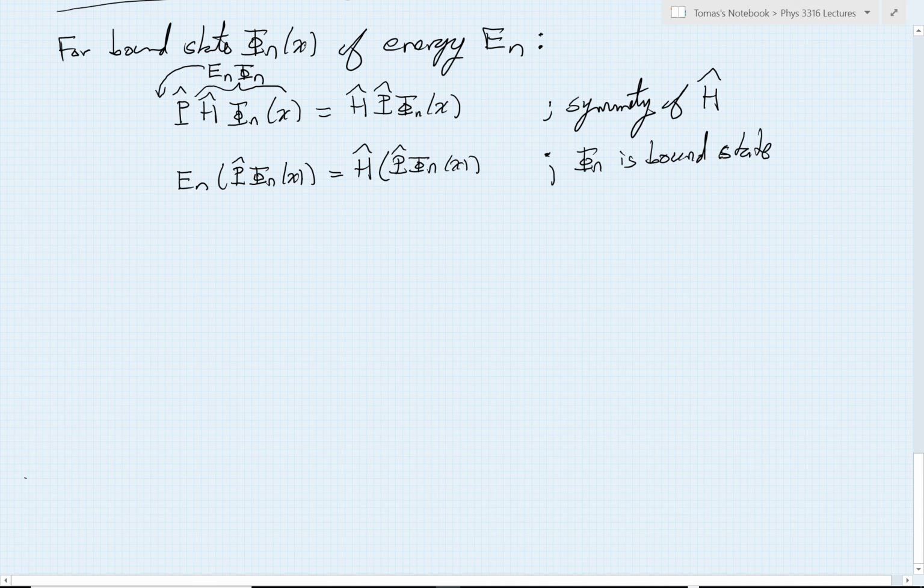Now, as you'll notice, the conclusions here come pretty quickly without a tremendous amount of algebra. This is a very general set of results. If you look at this equation, E times this gives me my Hamiltonian times this. So I immediately now know I can say that P hat times phi n of x is also a bound state.